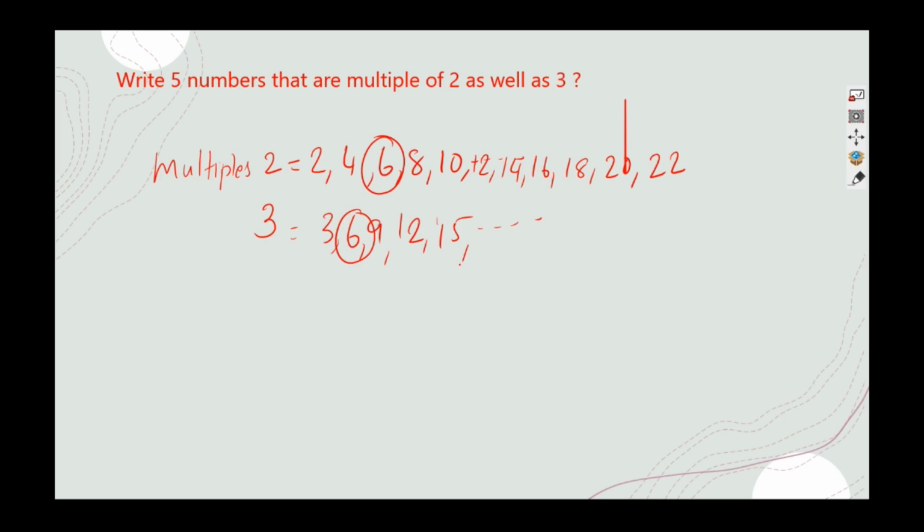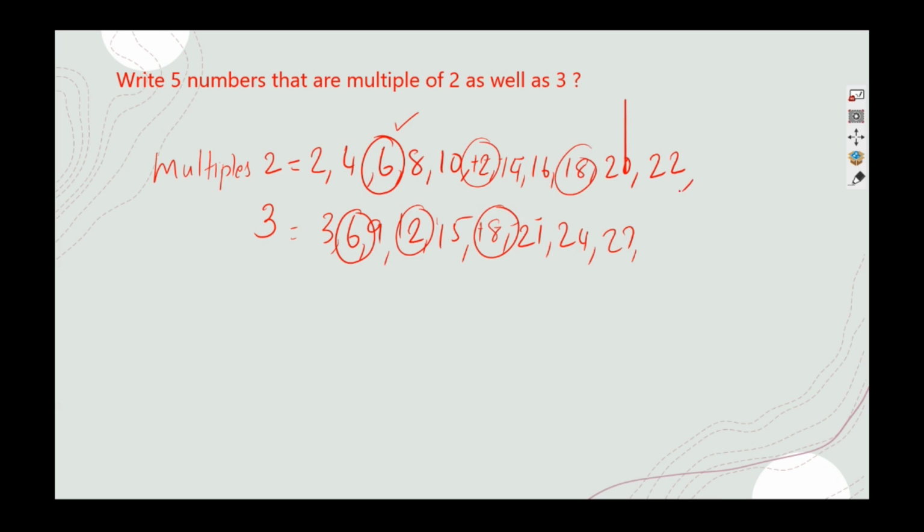You will see whether it is sufficient. Here it is 15, 18, 21, 24, 27. Then we will stop there and see how many are the multiples of 2 as well as 3. 6 we got, then we are having 12 here, then we are having 18 here.